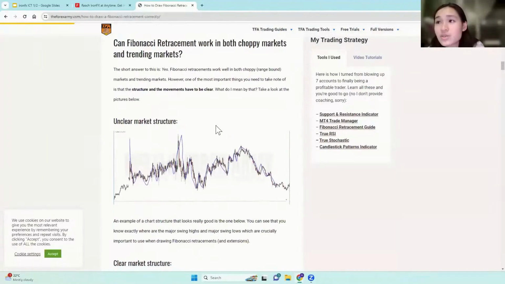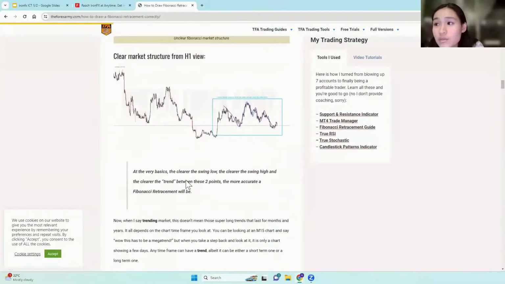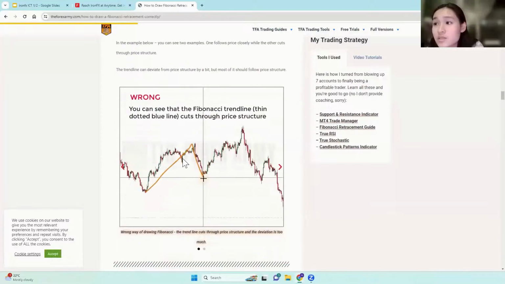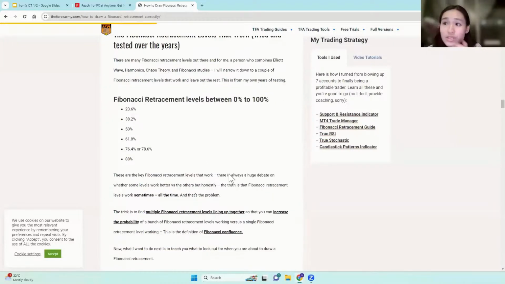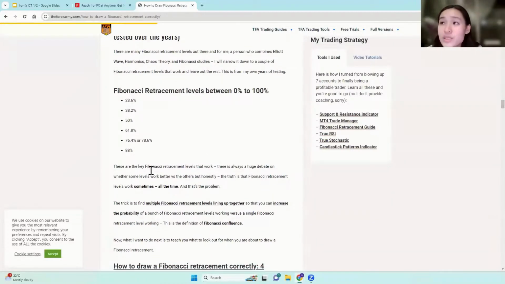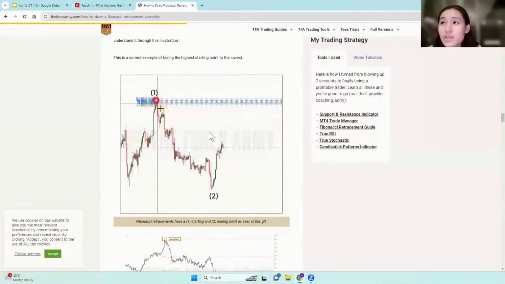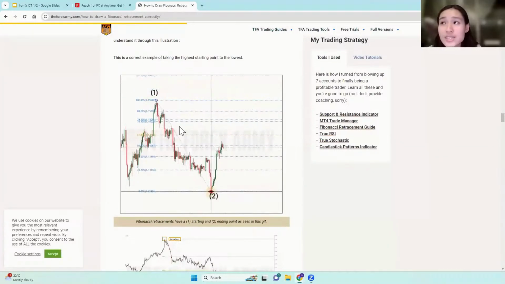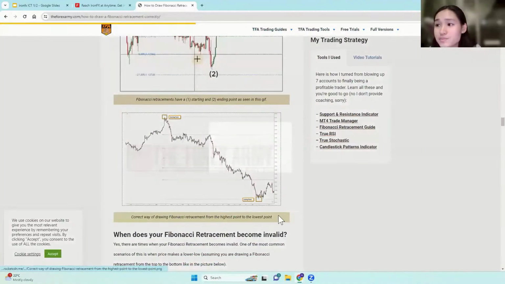There are some videos that you can take note of, the market structure to keep an eye out for. If you're looking at using the ICT to find an optimal trade entry, they recommend using a Fibonacci between 61.8 and 78.6. Although we typically use these levels, you would just be looking at these two levels here. How that works is basically by looking at the highest starting point to the lowest.